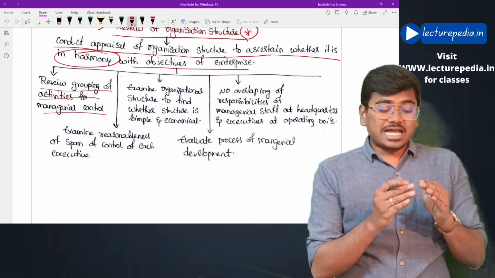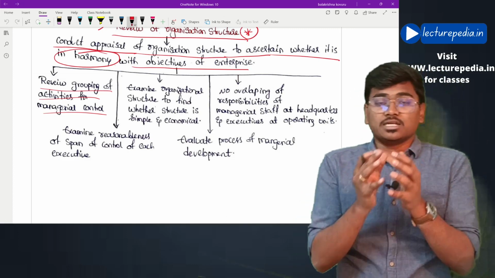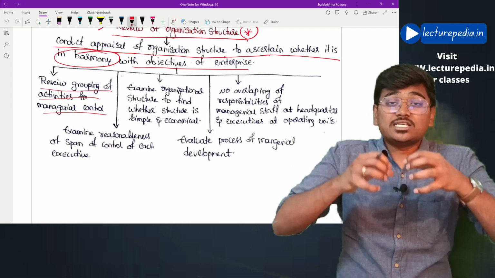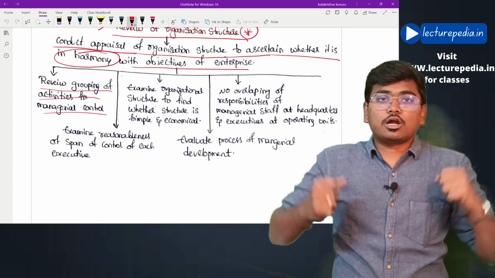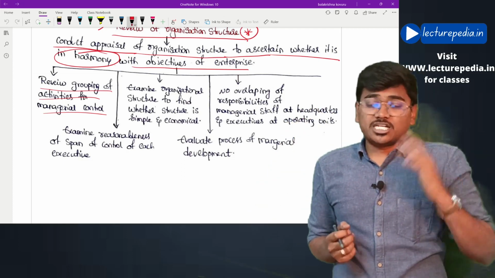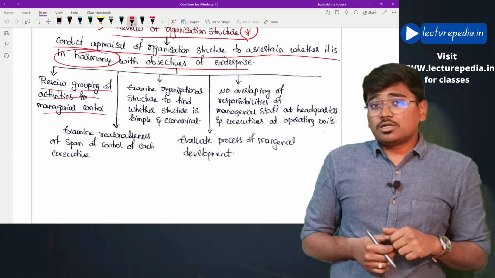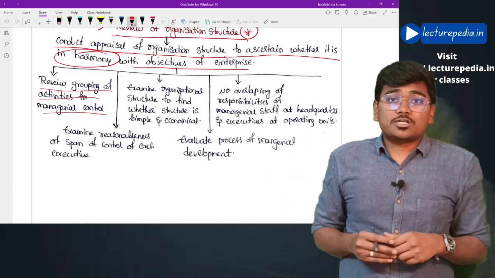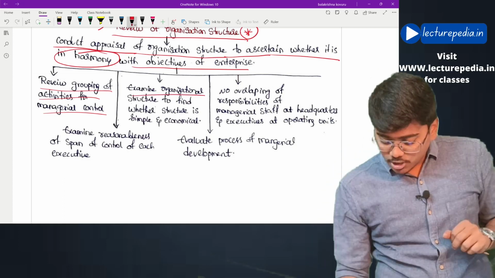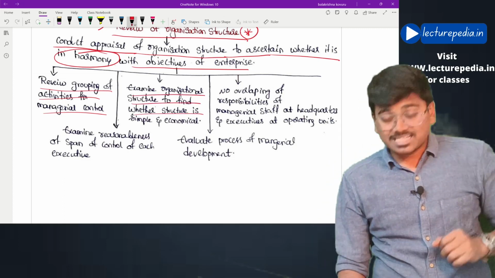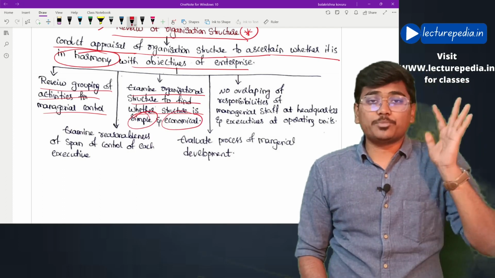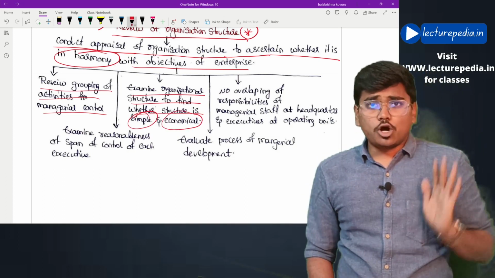What are the activities included in the sales department, in the HR department, in the purchase department, in the finance department, like this, how the activities are grouped in the organization will be checked by the auditor. Next, the internal auditor will also see whether this grouping is economical and simple or not. Examine the organizational structure to find whether it is simple and economical. The organizational structure should be simple and economical to operate.